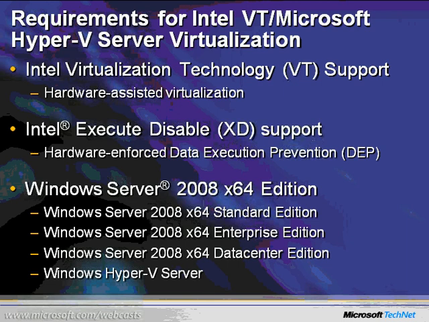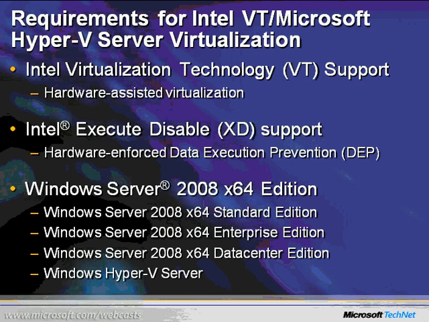In addition, you need to make sure that your server is capable of running a 64-bit operating system, which generally servers that you purchase today are all capable if they're based on a current Intel server chipset, and that the version of Windows Server 2008 that you install on those servers is an x64 64-bit edition.